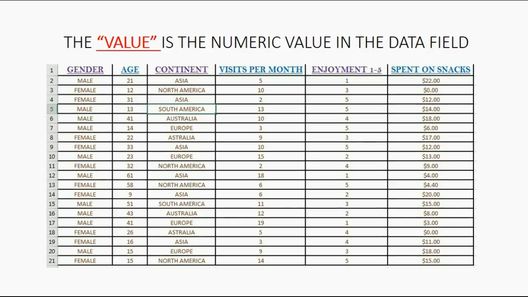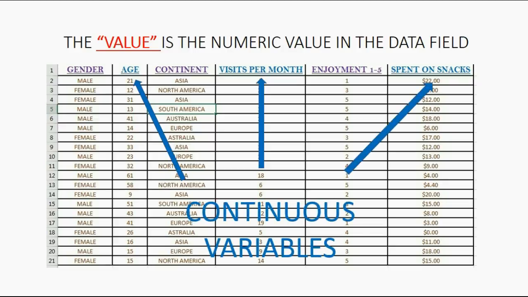When we use the word value, we mean the numeric value entered into the data field. In the case of a continuous variable, the value is already there as the answer to the respondent's question or the amount you observed for that particular observation or respondent. For example, respondent number 4 is female and her age is 31 and she spends $12 when she comes to the pool.